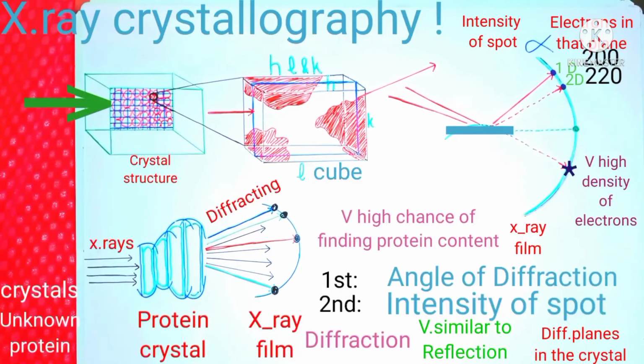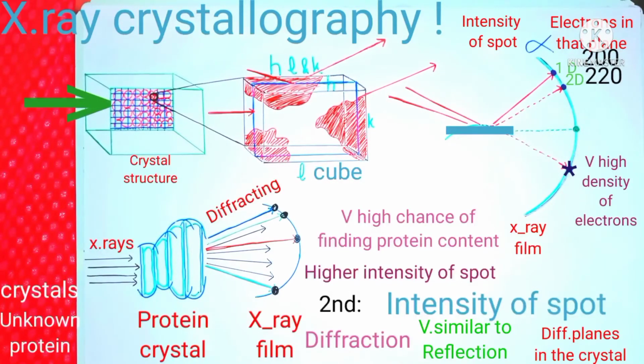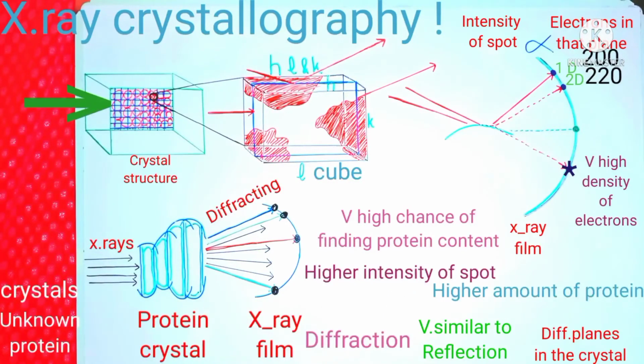Now if you analyze this cube, a unit cube, and diffraction took place from this specific plane, an important question comes to our mind: what will we find? A huge amount of protein is present, so we will get a higher intensity of the spot. Higher intensity will help us identify that there is a high amount of protein content, or a maximum amount of electron density, in this region.